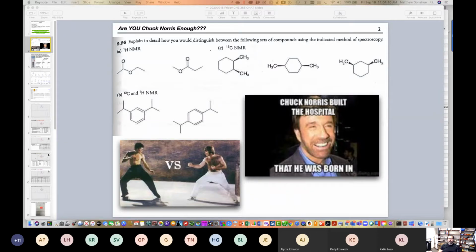So how many unique sets of hydrogens does each have? So what's the total number of sets that each has? So both have 3 unique sets, and then what is the ratio of those sets? Again, the total number in the ratio should equal 8.